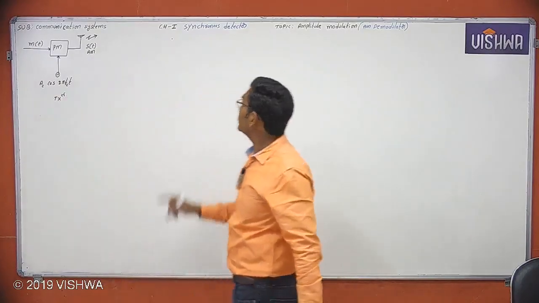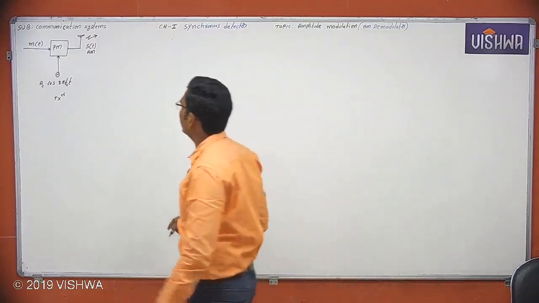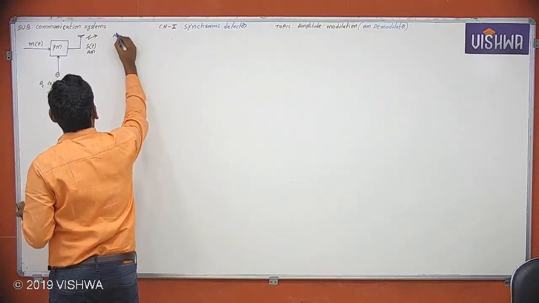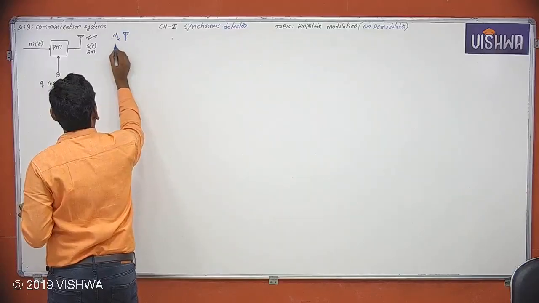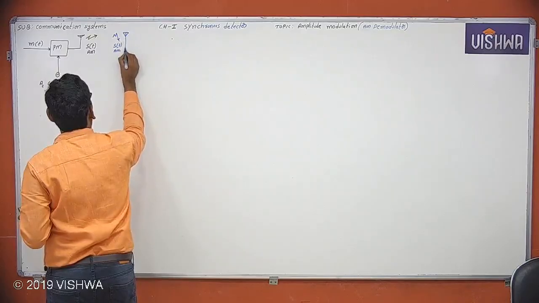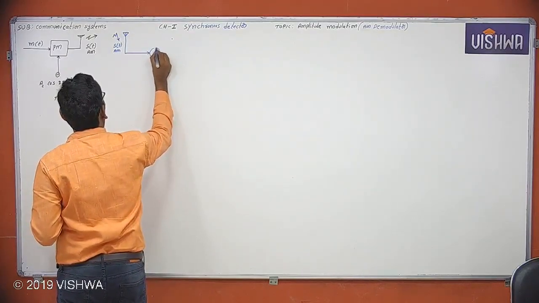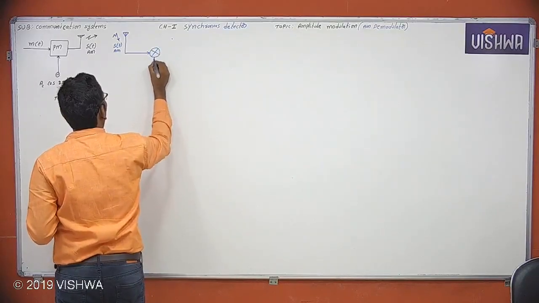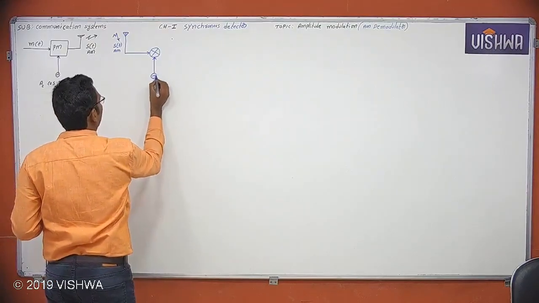But our synchronous detector is a demodulator, an AM demodulator, means at the receiver side. So what is the input to the receiver? The input to the receiver is nothing but the modulated signal. Now this amplitude modulated signal is the input to the demodulator. Now this is the product modulator or product multiplier. One input is the AM signal, and another input is a local oscillator.